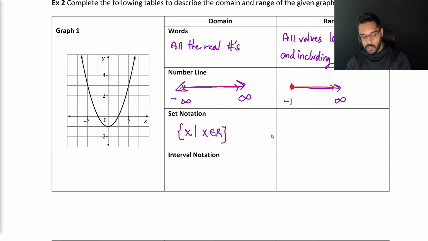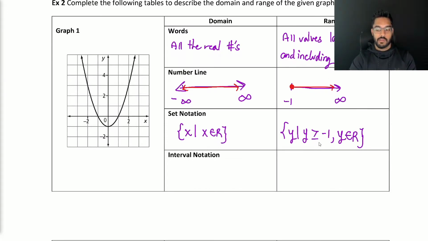If I do that for the range, we're talking about the set of y values such that -1 is the smallest and everything should be larger than it. So as long as the value of y chosen is greater than or equal to -1, that can be any other real number. And that completes our set of values. So as long as it fits in that inequality and it's a real number, we're okay.